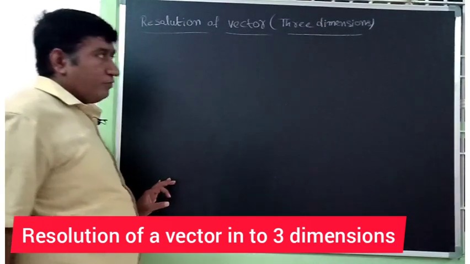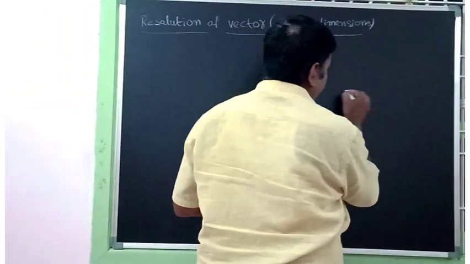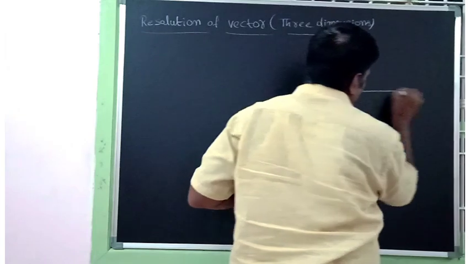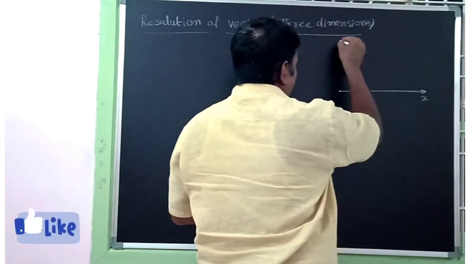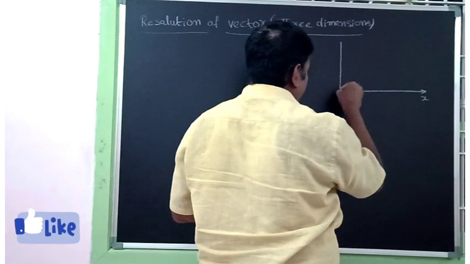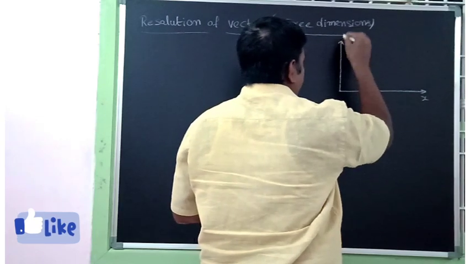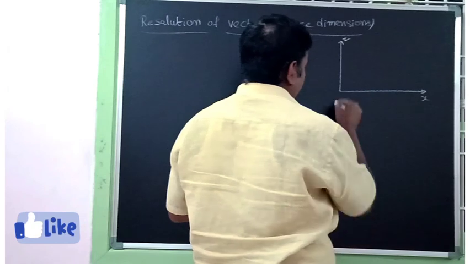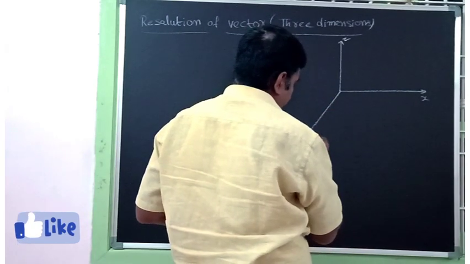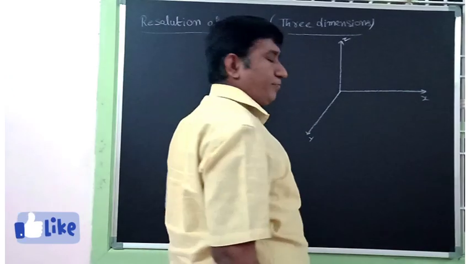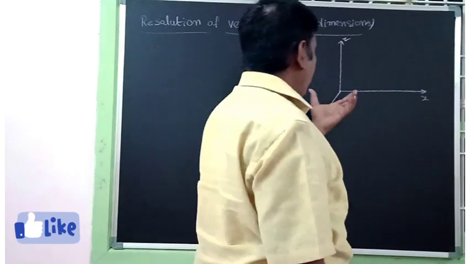So for this, we can take three dimensions. So this is along the x-axis, and this one along the z-axis, which I can take, and then this one I can take here as the y-axis. How can we consider this?